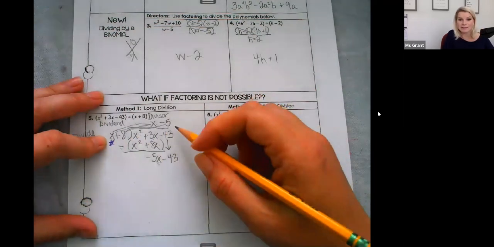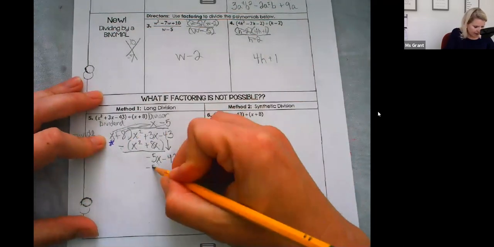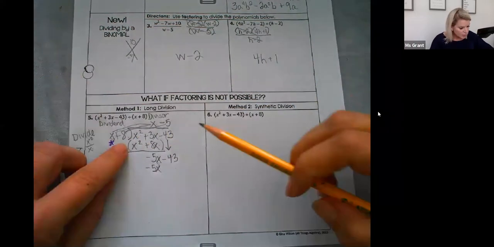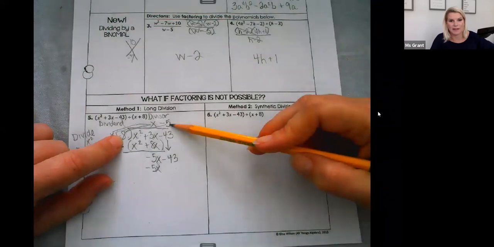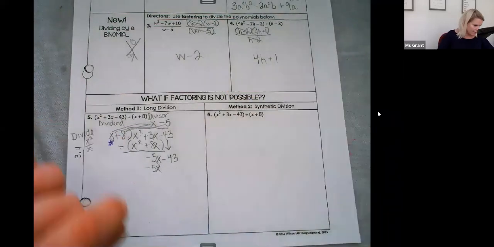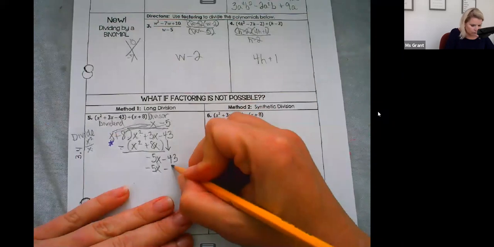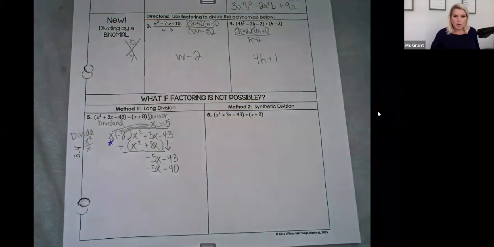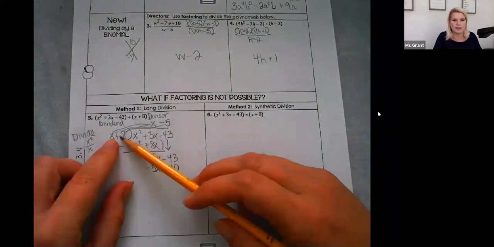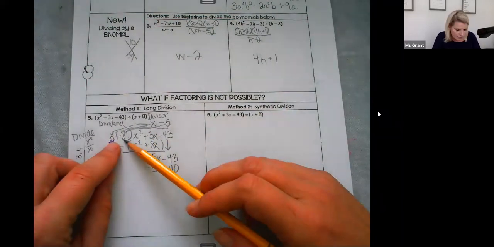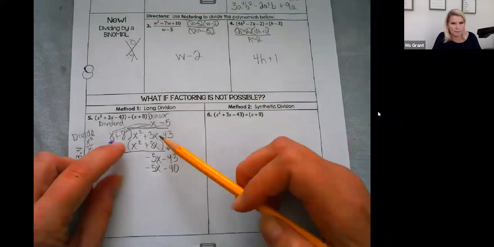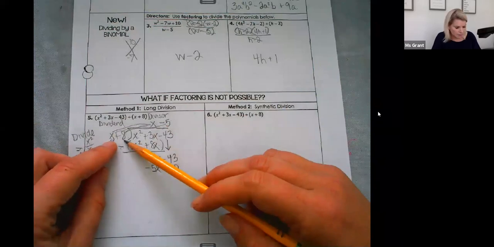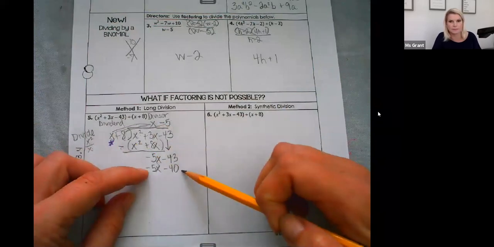X times negative 5 is negative 5x. Then I do the 8 times negative 5. 8 times negative 5 is negative 40. So the only difference is you have 2 things out here. And these 2 things out here need to be multiplied by the x to get my line here. And these 2 things need to be multiplied by the negative 5 to get this line here.